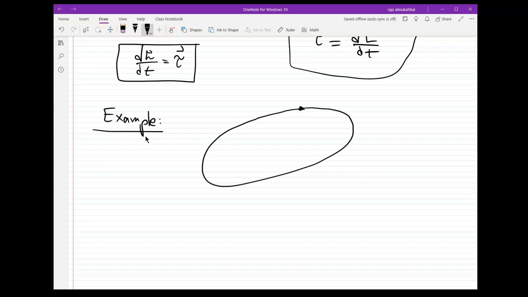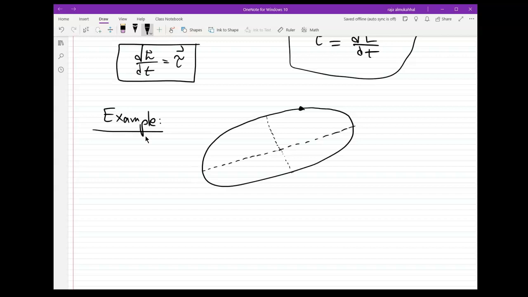Here is the Earth. And this is called Kepler's first law. We're going to cover that when we cover gravitation, probably next lecture. Kepler's first law says the Earth goes around the Sun in an elliptical path, just like the one you're seeing in front of you, in such a way that the Sun is located at one of the foci of the ellipse.